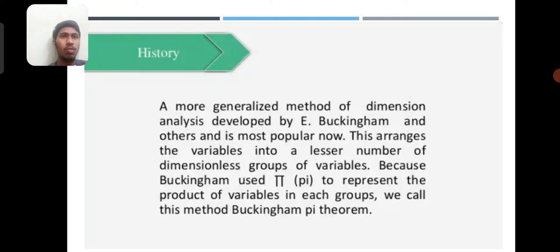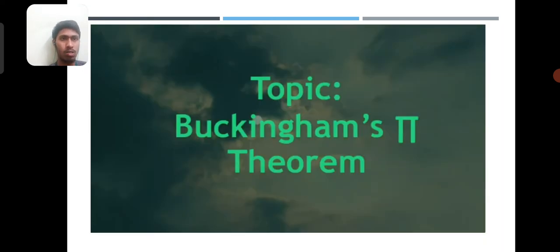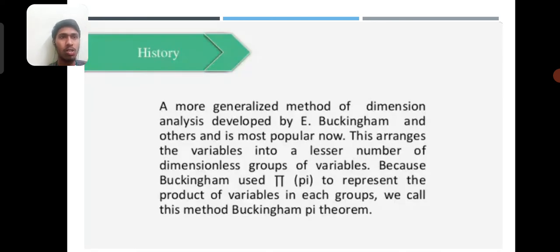And first we have to discuss a small introduction about the Buckingham pi theorem, a more generalized method of dimensional analysis developed by E. Buckingham and others, and is the most popular.